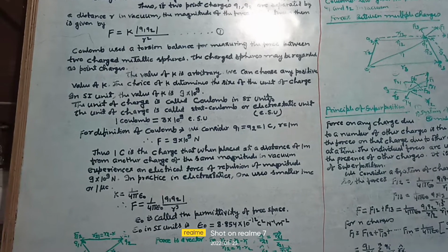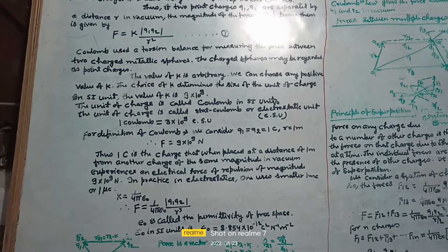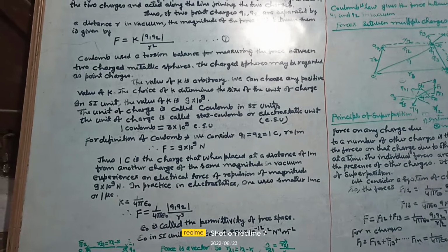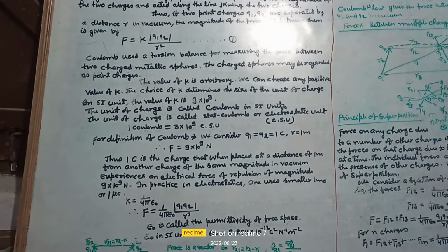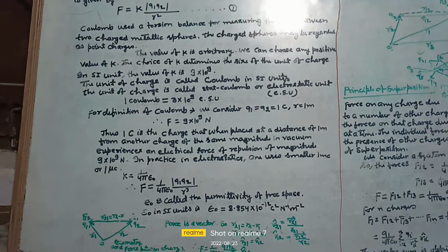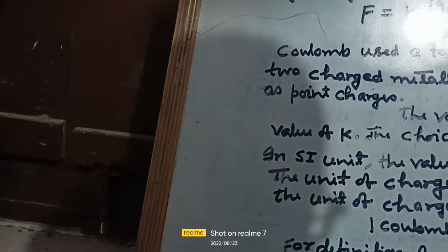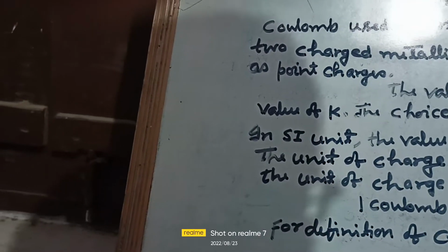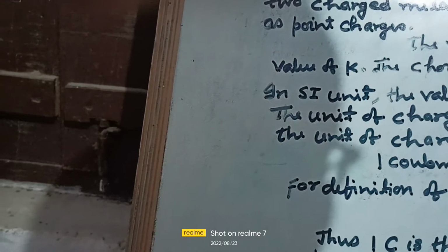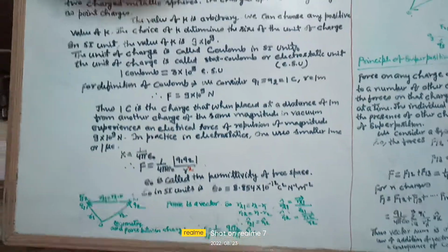millicoulomb or 1 microcoulomb. K = 1/4πε₀, therefore F = (1/4πε₀) |Q1 Q2| / r².